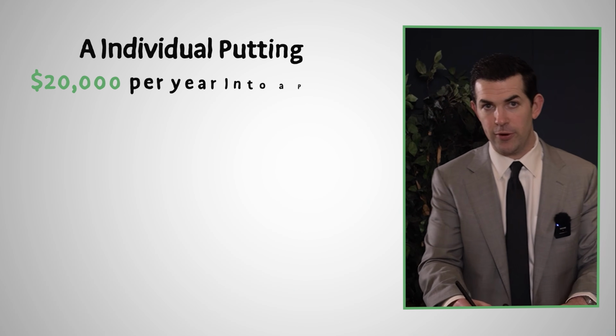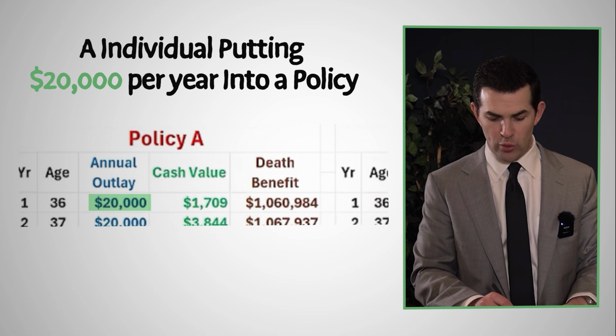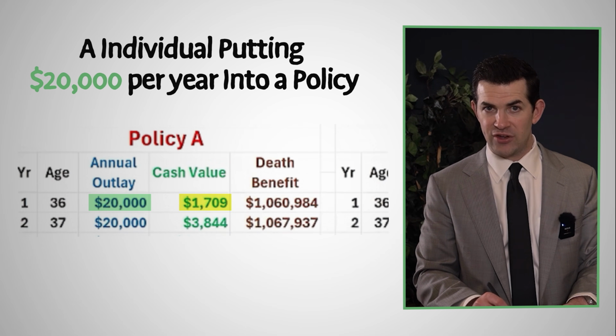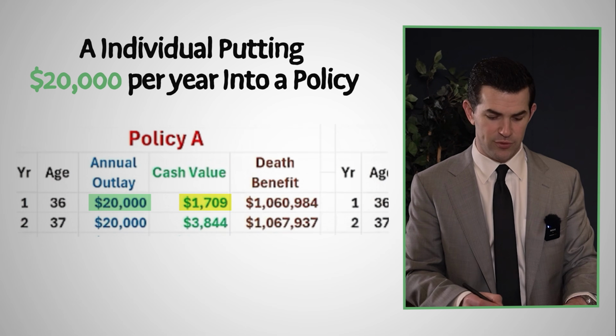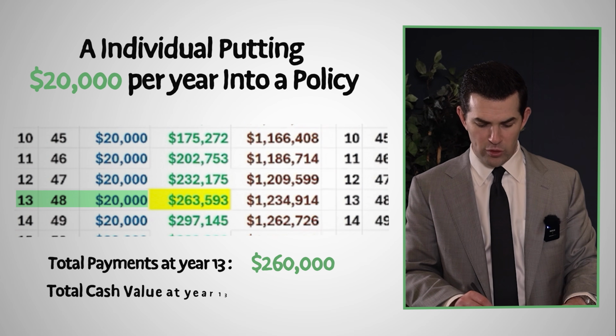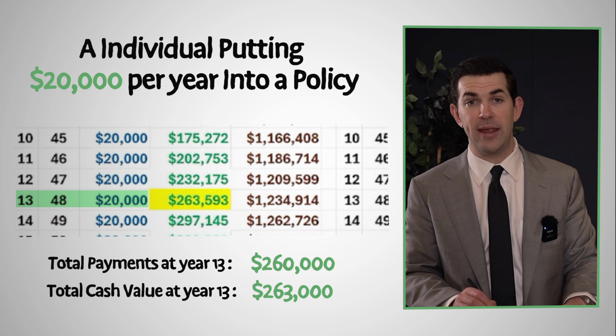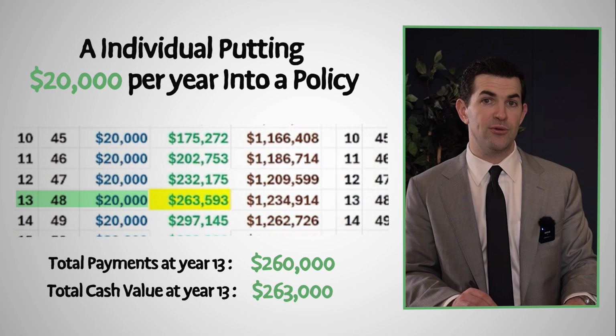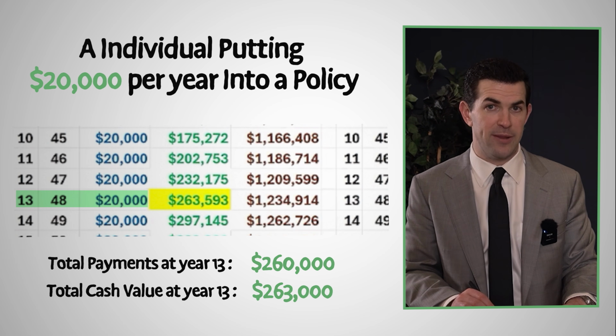Ask, is this policy designed to benefit me, or the agent? So this is a whole life insurance policy, same insurance company, the same insurance product, but just set up differently. So we've got an individual funding $20,000 per year. Policy A, $20K goes in, and what's your cash value? $1,700. What's highlighted in yellow is when they finally have more cash value than their total payments. It took him 13 years just to break even or get his money back.